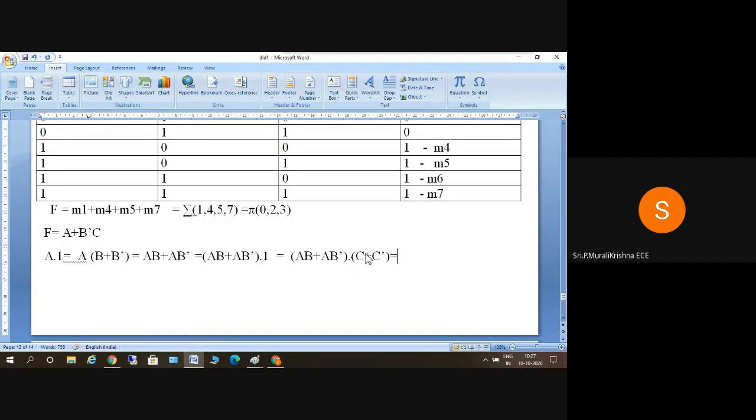So I'll get an expression like this: abc plus abc bar plus ab bar c plus ab bar c bar.